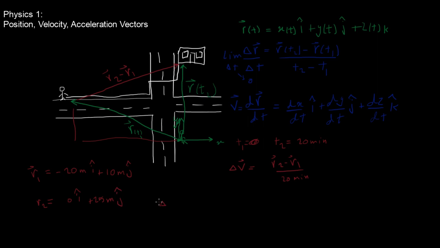So now delta v equals to 0 minus 20. So it's plus 20 meters i hat, 25 minus 10, 15 meters j hat divided by 20 minutes.